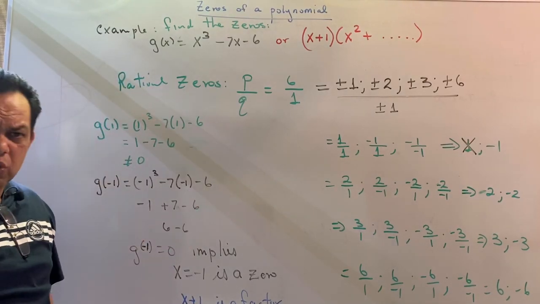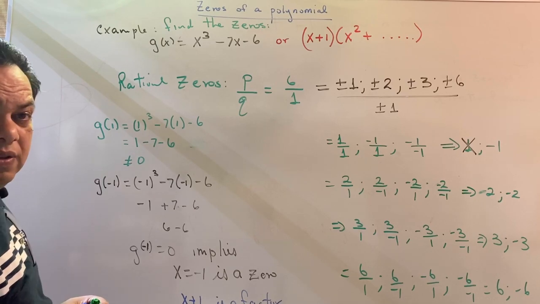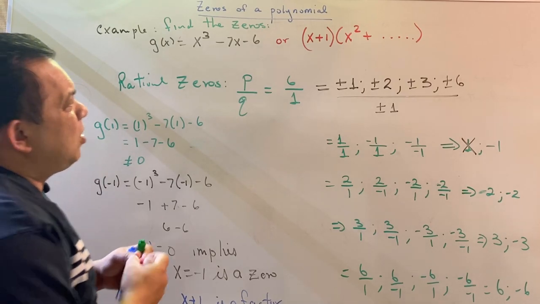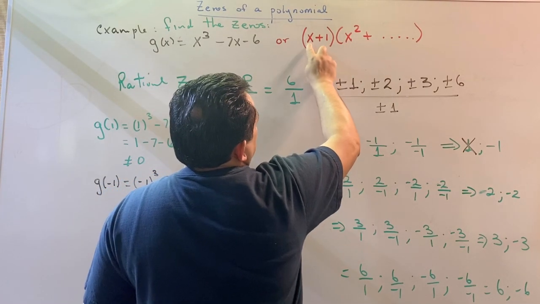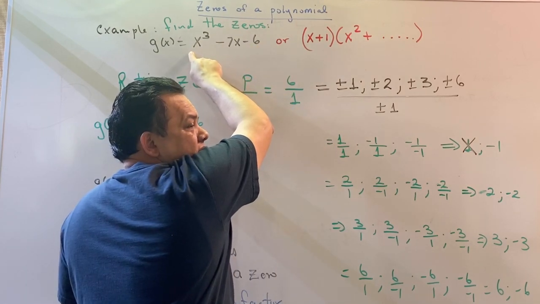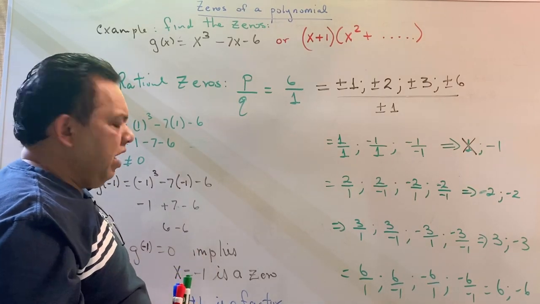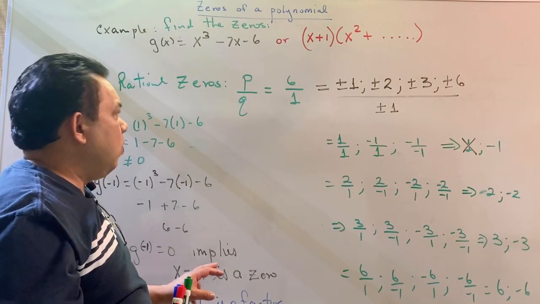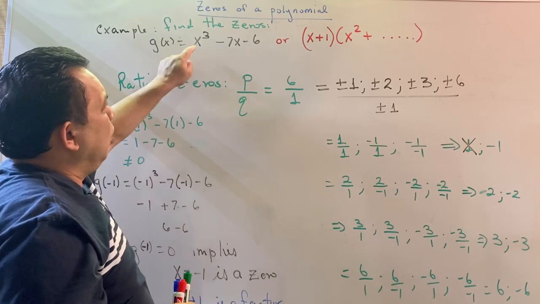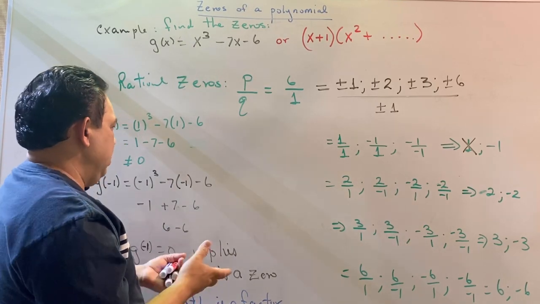And we could find what that quadratic is by using synthetic division or long division. Because if you multiply a quadratic times a linear, you're going to get a cubic. And we saw earlier that if we know a factor or we know a 0, we know what the quadratic will be.